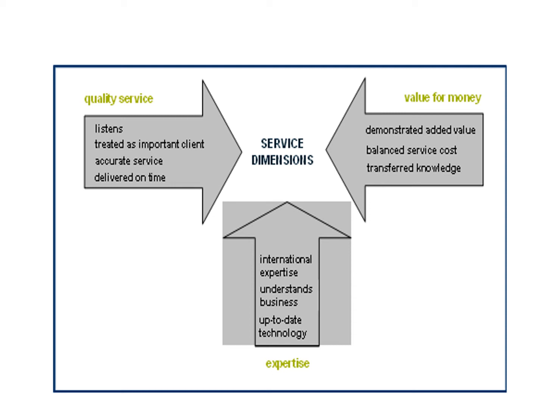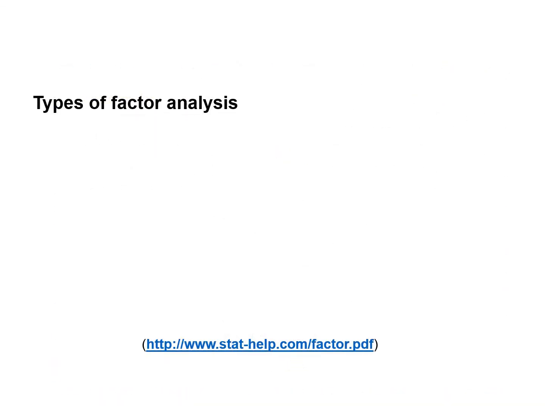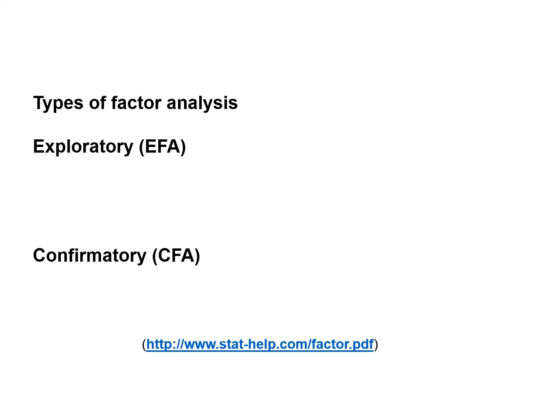So factor analysis is a statistical technique, a correlational technique, which comes from classical test theory, which helps us both to examine the extent to which a questionnaire has underlying dimensions and then to establish the veracity of that structure. And towards that end, there are different types of factor analysis: exploratory factor analysis and confirmatory.